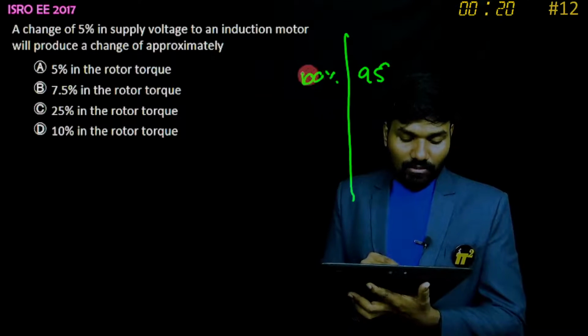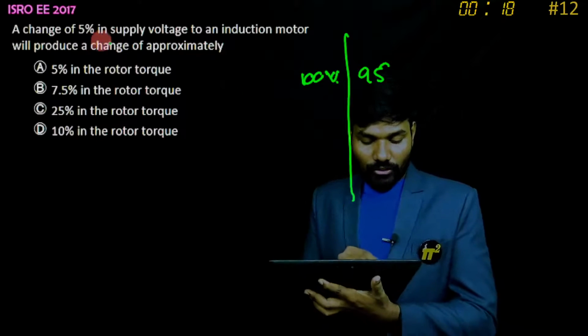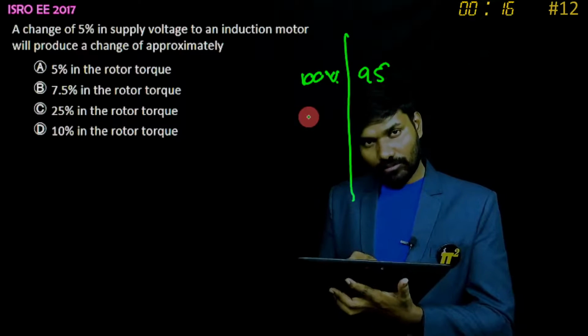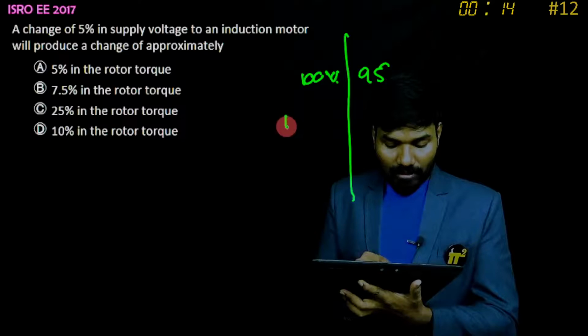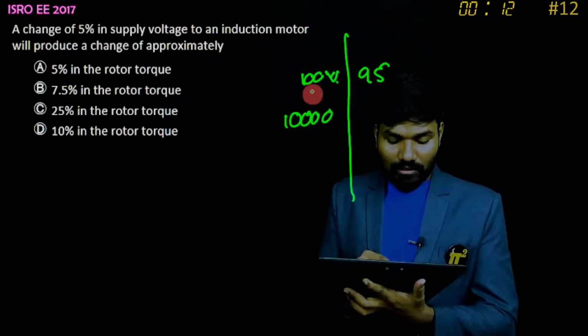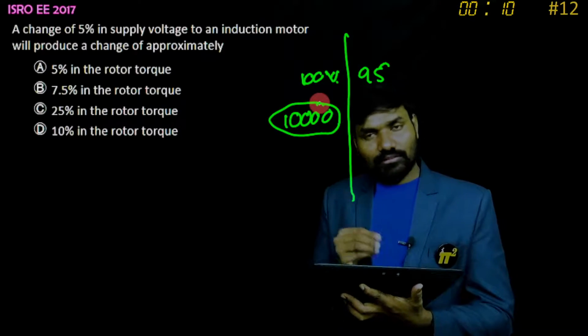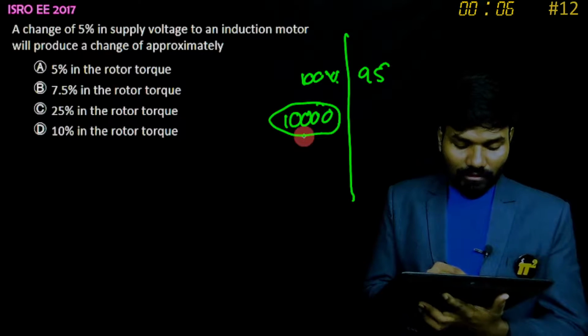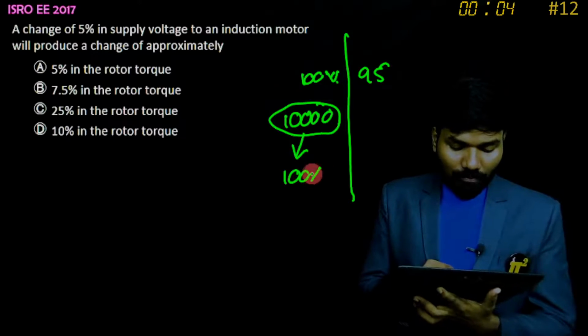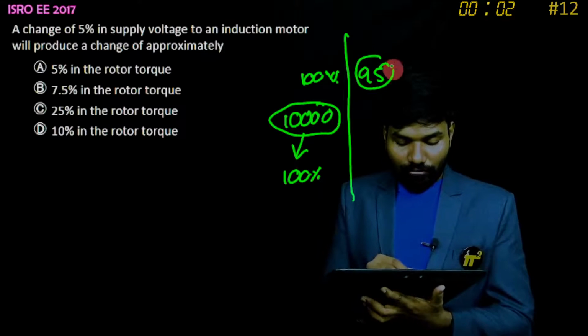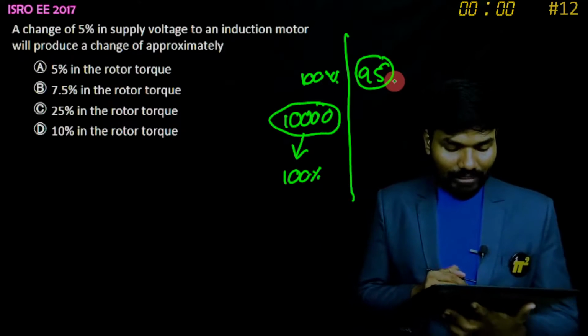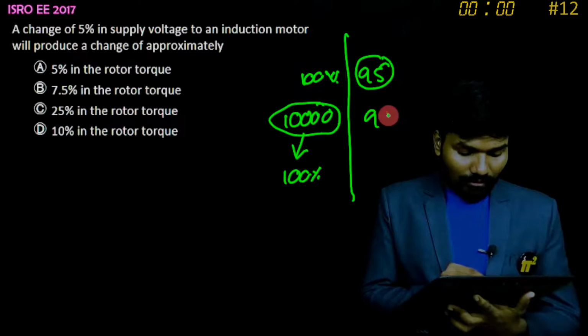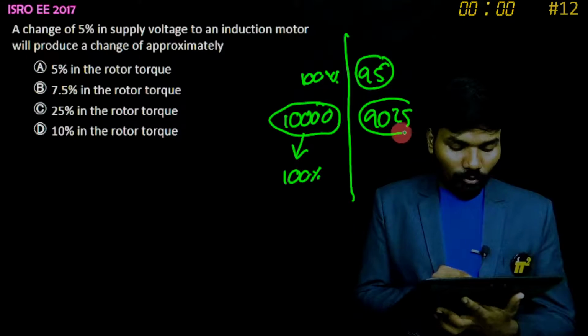For 100 volts, you got 100% of the torque. 100 square is 10,000, so let's take 10,000 Newton meter, as I already discussed in the previous part. Let me take this as 100%. So 95 square, how much, tell me? 95 square, if you do it, you'll get 9025 Newton meter.